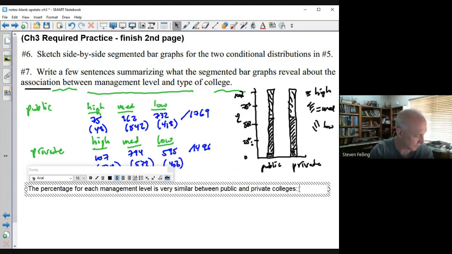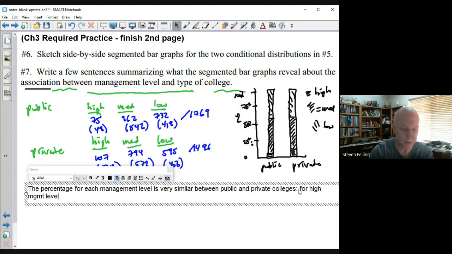I'll say for high management level, 4% public versus 7% private.